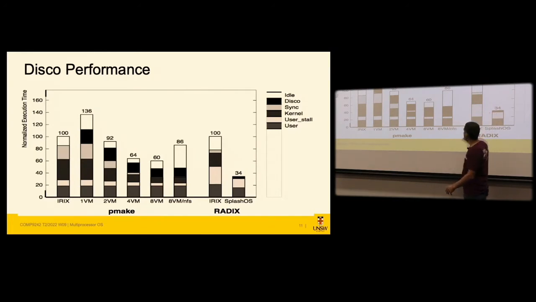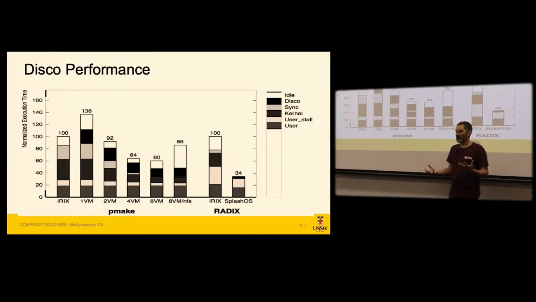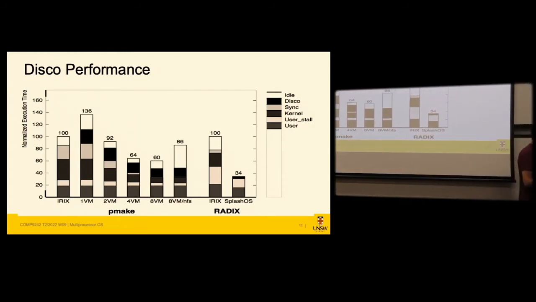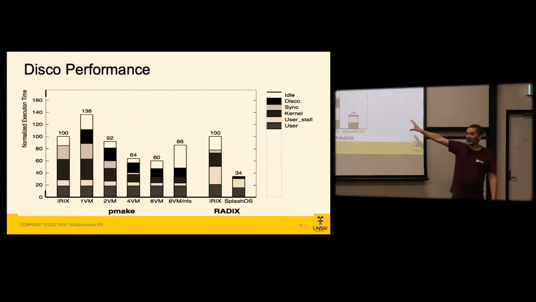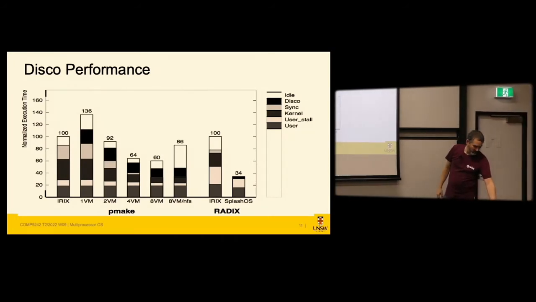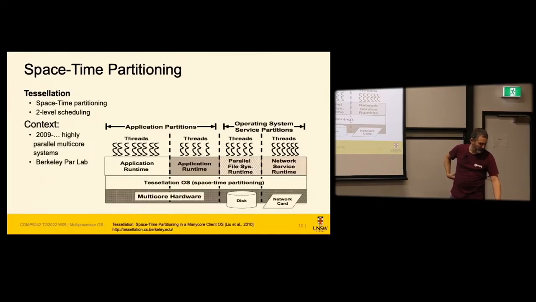It's much faster to do that. The takeaway message here is, yes, you can do this virtualization, but really the best thing is just to have single core machines doing your parallel work. PMake is quite embarrassingly parallel as well, which is why you get that result. If you reduce the serialization to almost nothing, you get the best results.